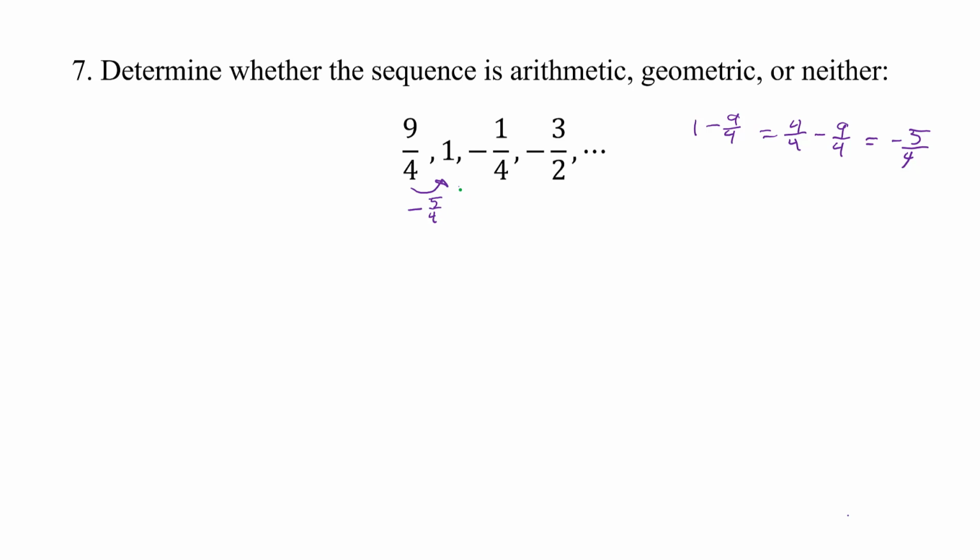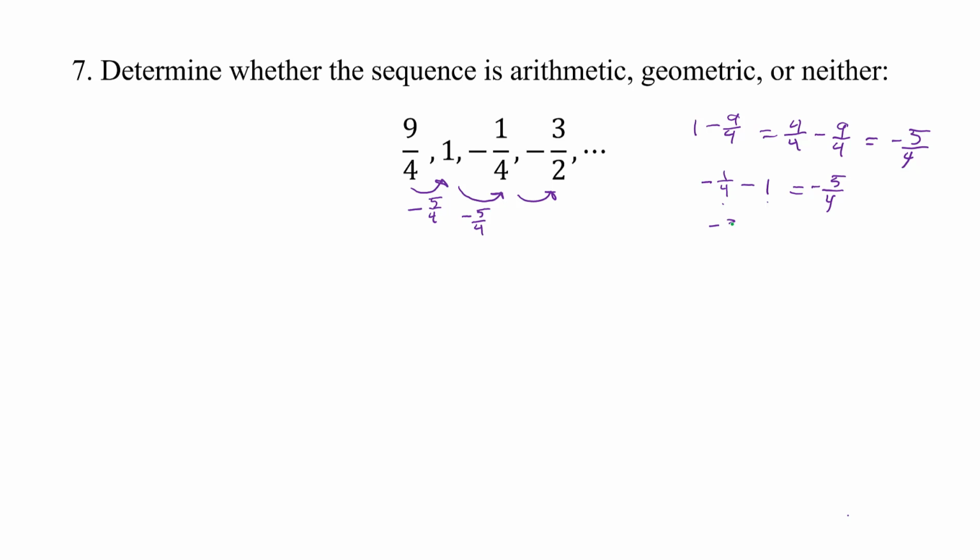Let's see what happens when I go from 1 to -1/4. Well, that would be 4/4. If we want to find the difference, we'd take -1/4 minus 4/4, and that also would be -5/4. So we're good so far. Let's try going from the third term to the fourth term.